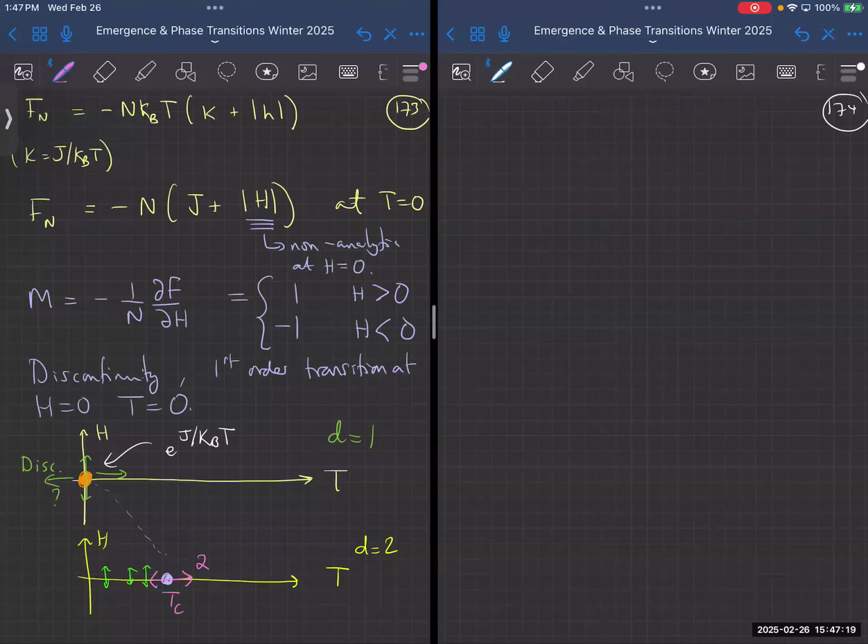Okay, so let's see, have I got everything I wanted to do? I think that's it. In general, I'm not going to say too much about this, but you may wonder how you can possibly ever get phase transitions at all in this formalism.